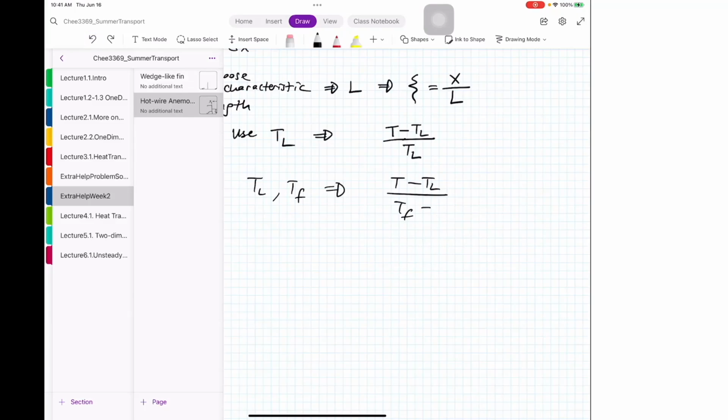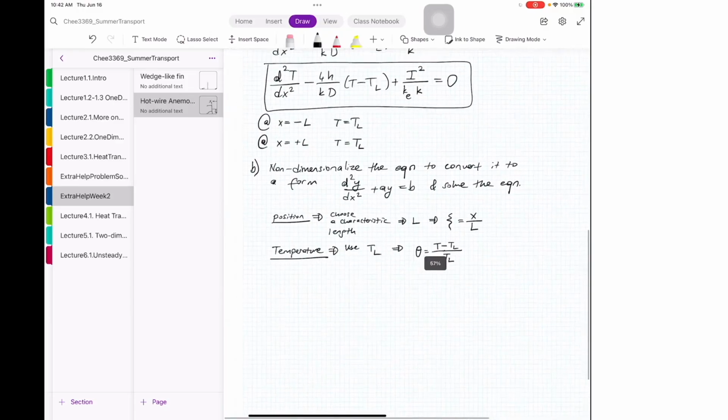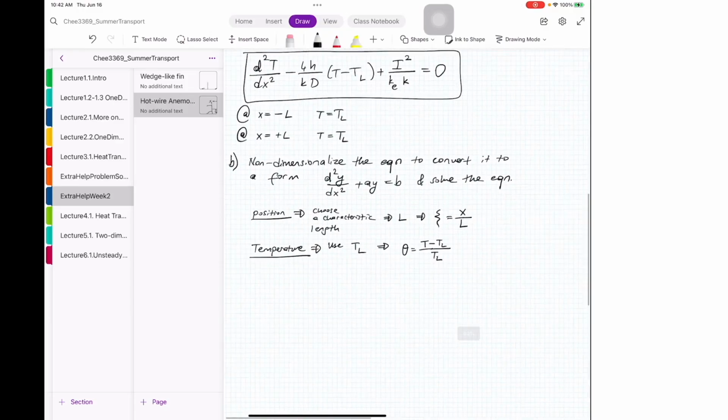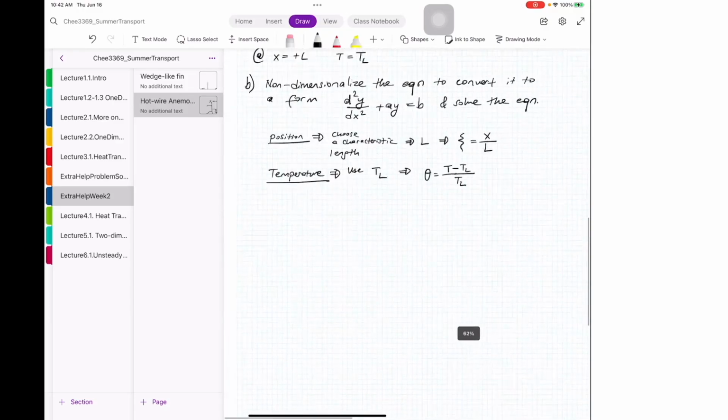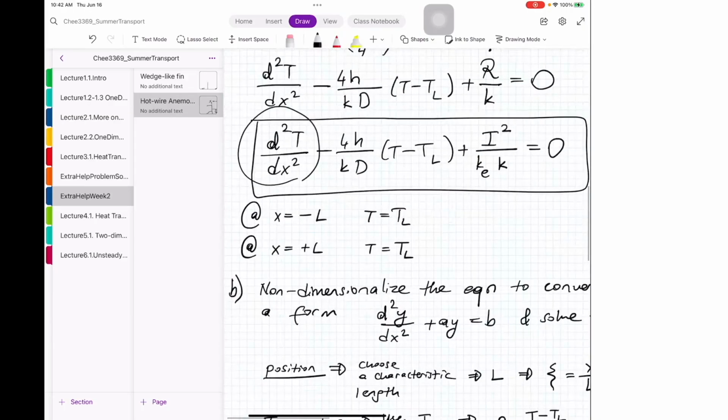So that's the procedure for how you can non-dimensionalize the temperature. Let's call this theta. So let's start to come up with the non-dimensional version of this thing.